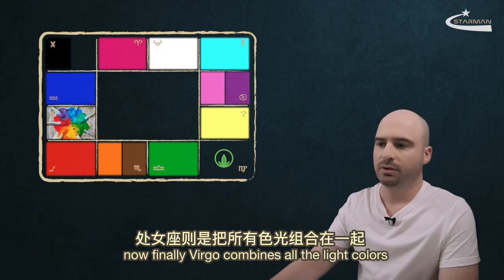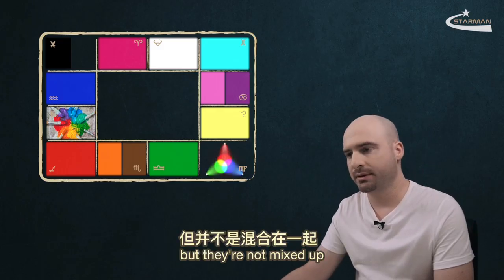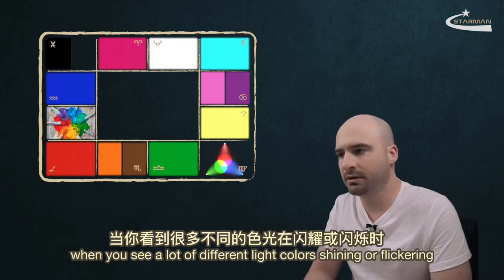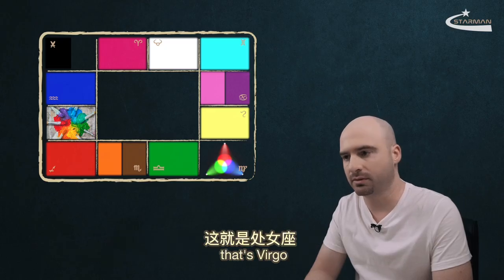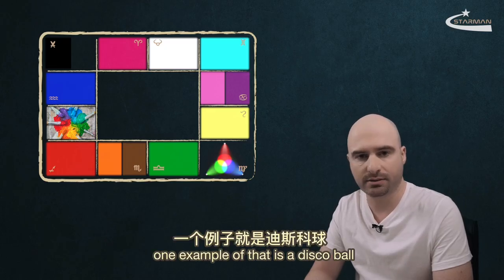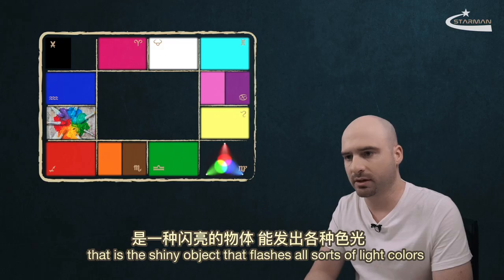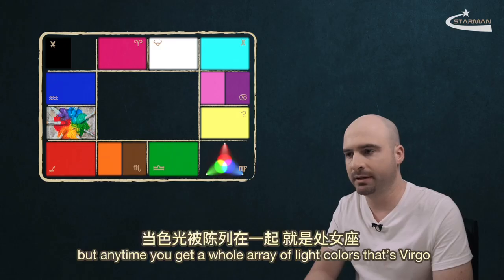Now finally, Virgo combines all the light colors, but they're not mixed up, right? When you see a lot of different light colors shining or flickering, that's Virgo. One example of that is a disco ball. That is the shiny object that flashes all sorts of light colors. But anytime you get a whole array of light colors, that's Virgo, right?